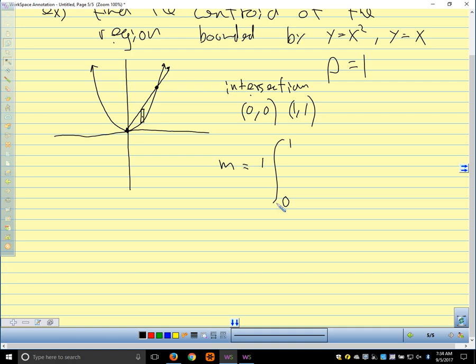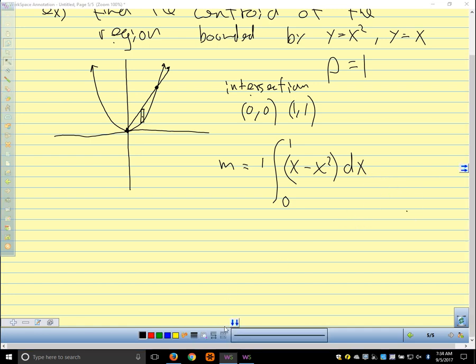Be careful when you're doing this subtraction that you subtract the smaller one from the bigger one, depending on your intersections. Make sure you're sure what the bigger function is. So this is going to be x minus x squared dx.